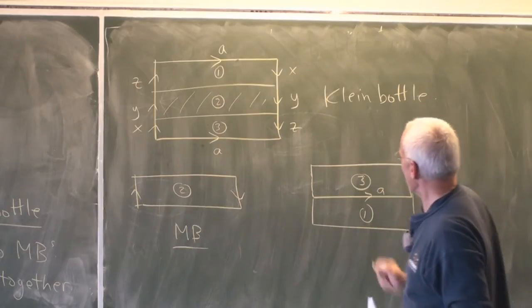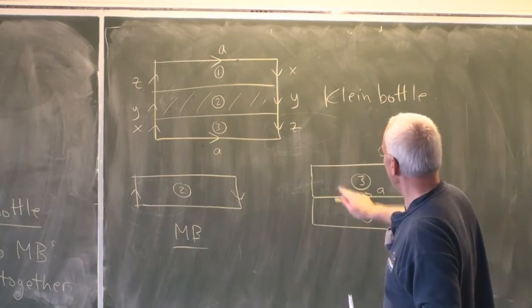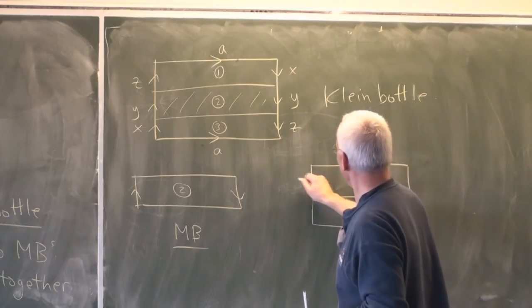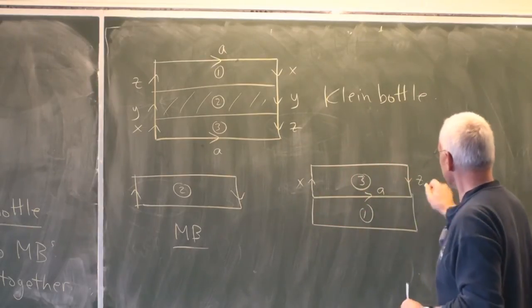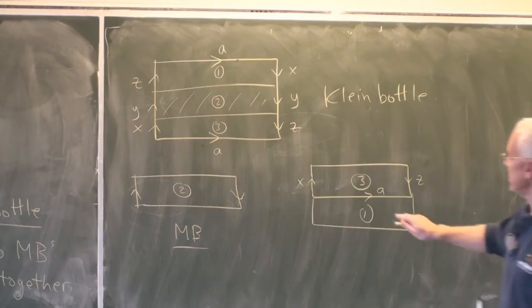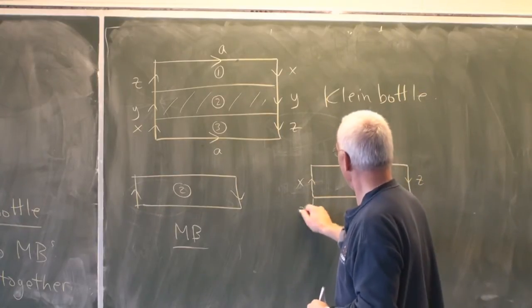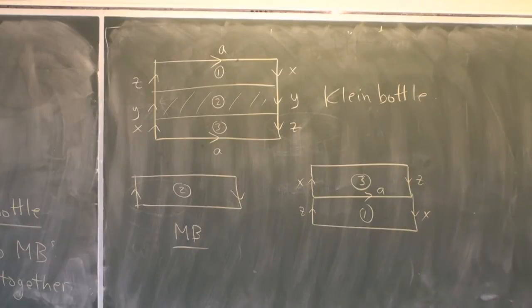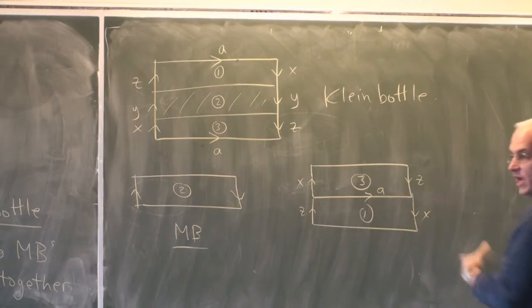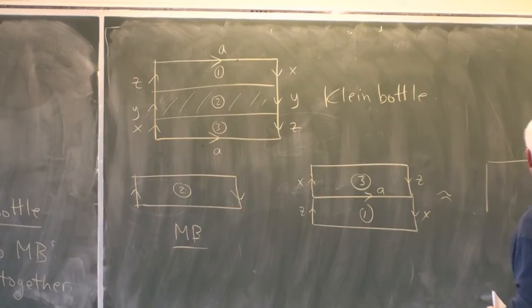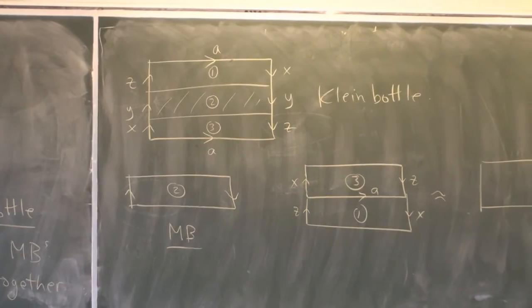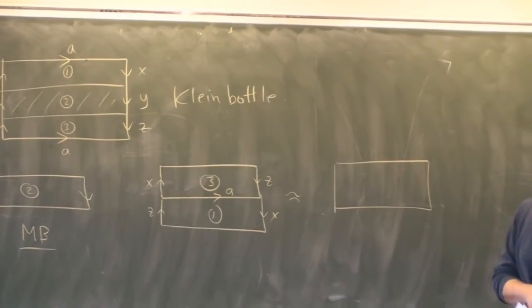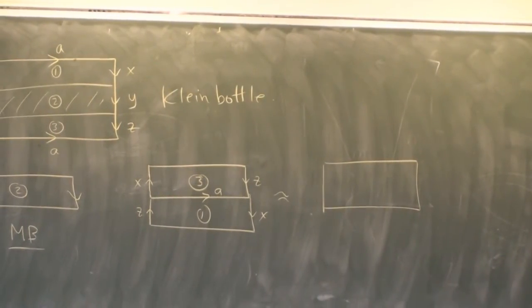Okay, now what does the rest of it look like? So this is number 3, so there's an X over here and a Z over here. And piece number 1 had a Z over here and an X over here. Well, we've glued that internal edge A, it disappears. So what we end up with just is a rectangle with the top and bottom free. That's a boundary.